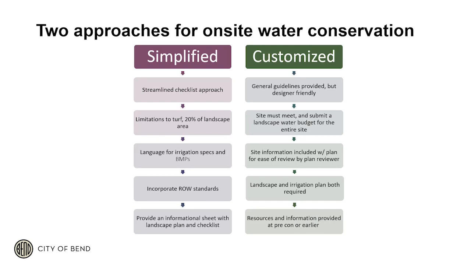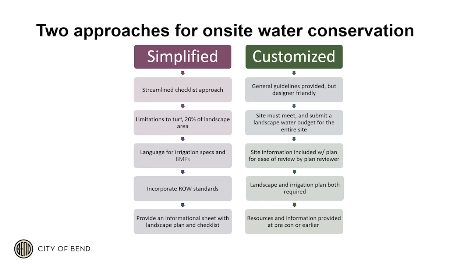That one is just going to call out limitations of turf to no more than 20% of the total landscaped area. There's lots of details within that. So there are setbacks off of any impervious surface, like driveways and sidewalks, where they can't have broadcast irrigation tucked right up to the concrete. It has to be set in 18 to 24 inches.